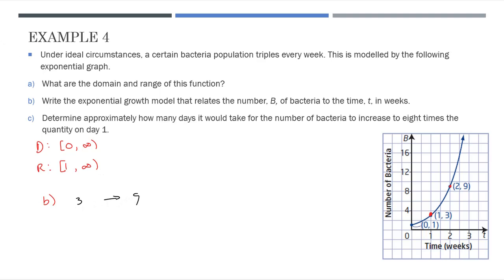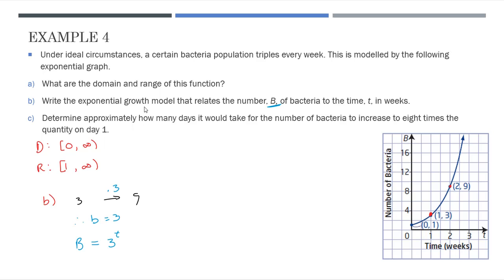So 3 times something is going to give me 9. Now 3 times 3. So therefore, our base b is 3. And we've got to be careful here because we've got this capital B. So it's not y equals, it's going to be B equals our base 3 to the power of t.